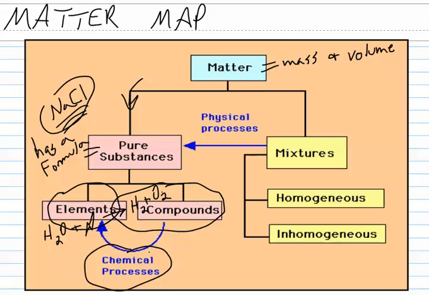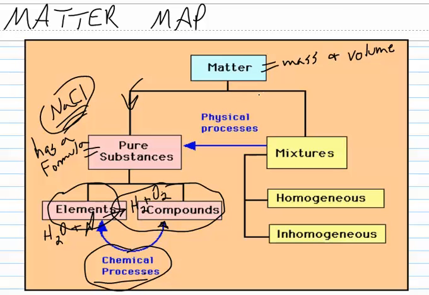So you can go from compounds to elements, and you can go back from elements to compounds. These things that go back and forth are called chemical processes because you get some new chemical. That's a topic for discussion later. So those are pure substances, things that have a formula.